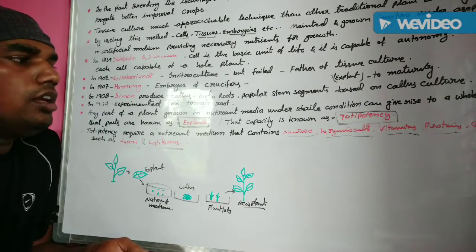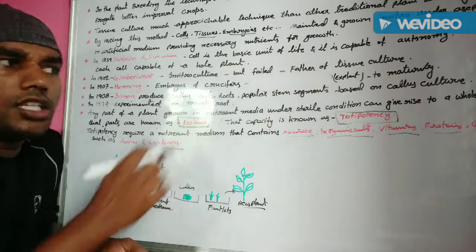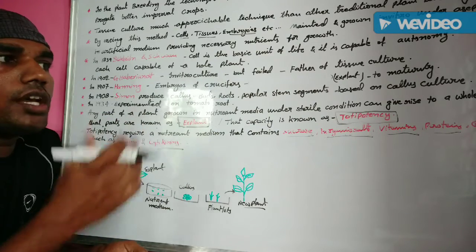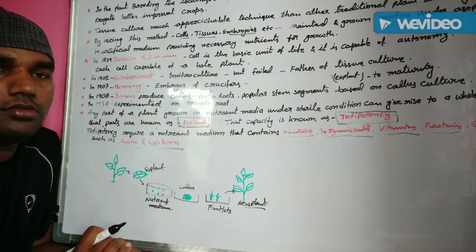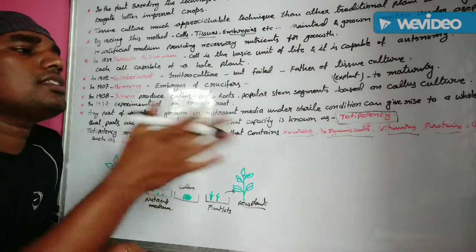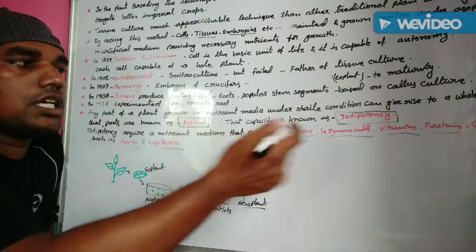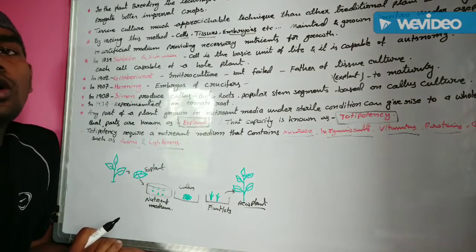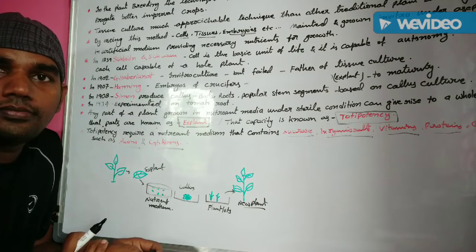Okay, in this way, in the nutrient medium under sterilized condition, any part of the plant body gives rise to a whole new plant. Those parts are known as explant. This capability is known as totipotency. The sterilized nutrient medium consists of sucrose, inorganic salts, vitamins, proteins, and growth regulators like auxins and cytokinins.